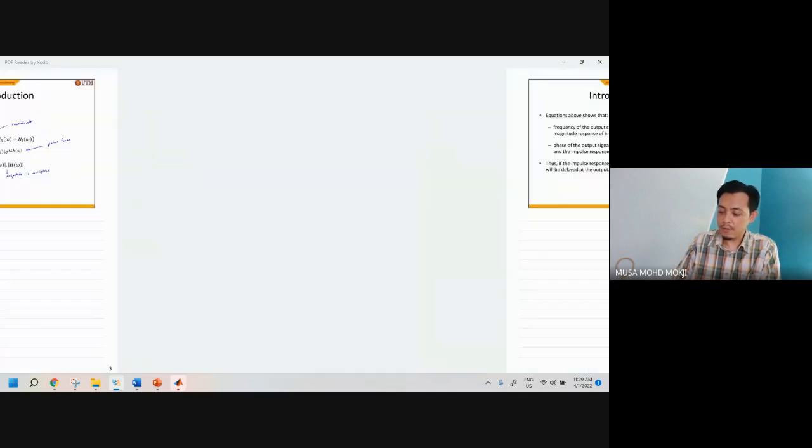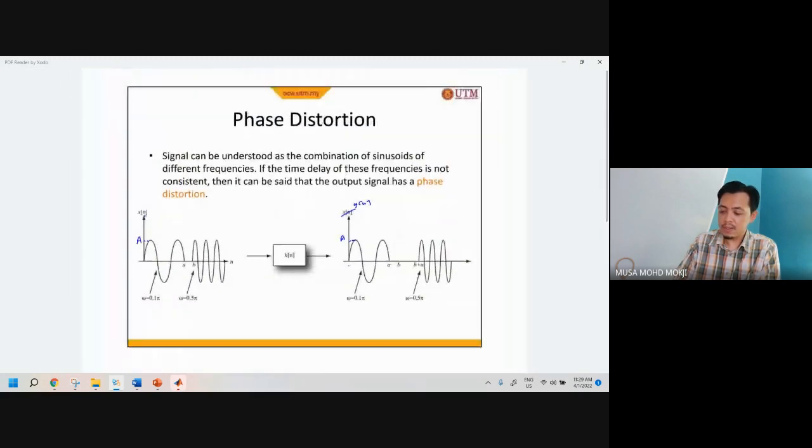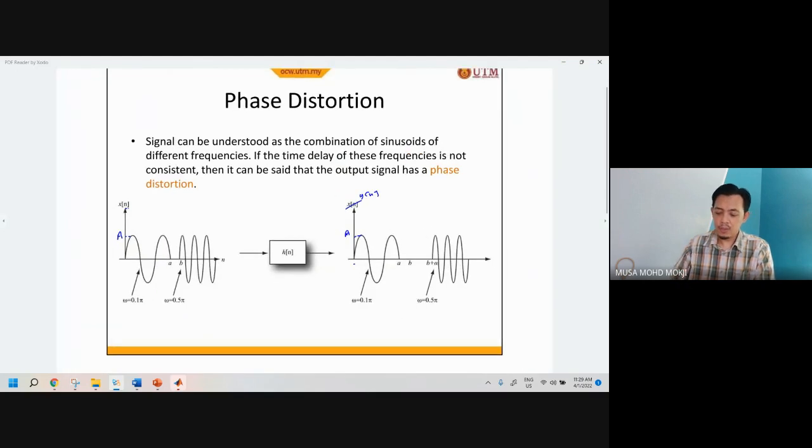So we need to remember that magnitude affects amplitude, and phase affects delay. Okay, let's look at the first part of the signal. It starts at 0, and then it ends at A, and the amplitude is A. No difference at all.